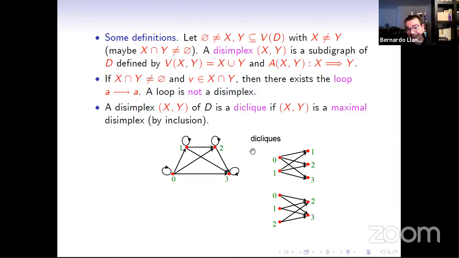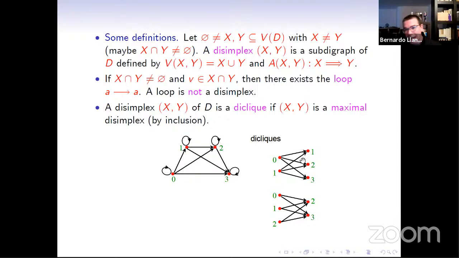And then the dicliques, the maximal ones, differ from the original example because you allowed loops here. For example, look at this diclique. Here, the X set is 0, 1, and the Y set is 1, 2, 3. This is possible because you have this loop. And then the dicliques, the maximal bipartite graphs, allow you to have this.